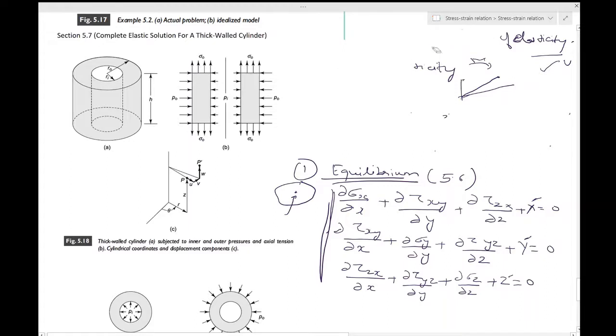For 2.1, the first was equilibrium, the second would be about geometric compatibility, and this is essentially the relationship between stress and strain and displacement.